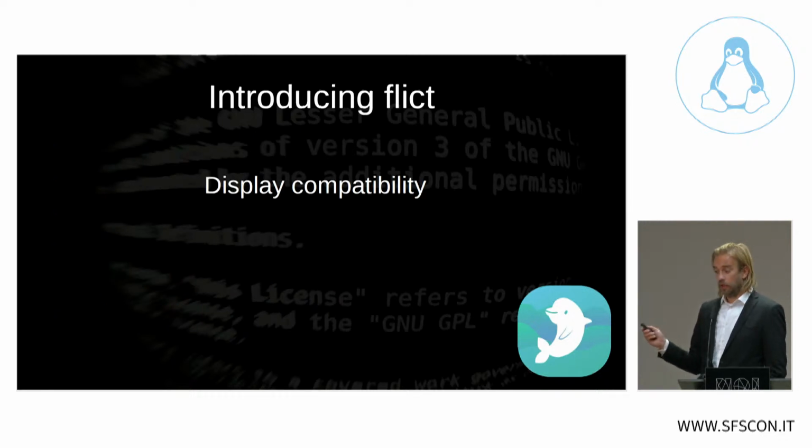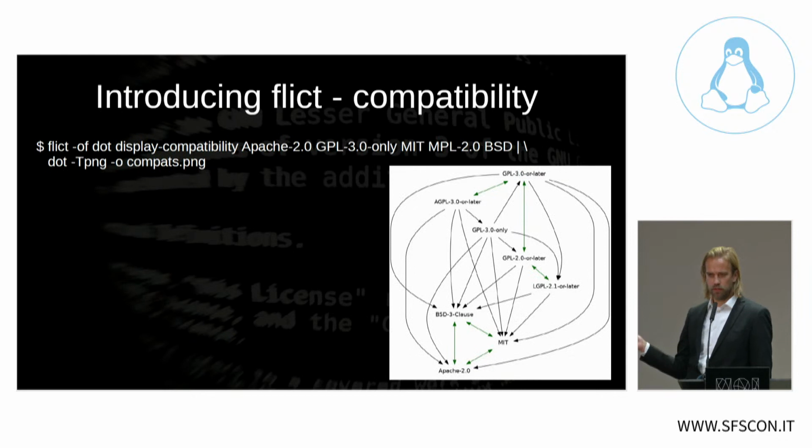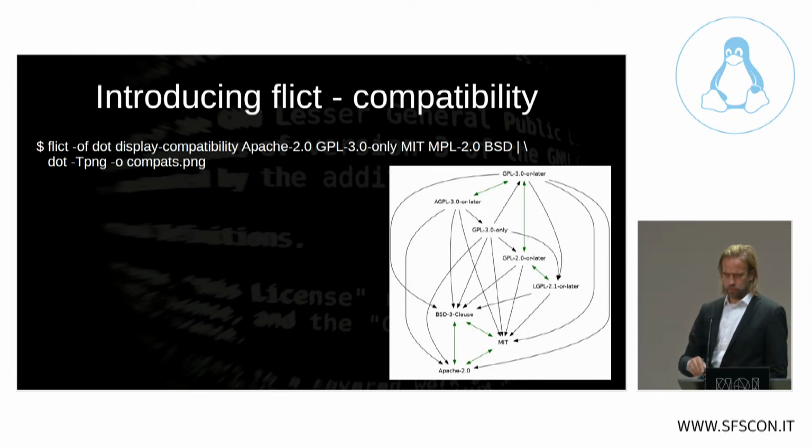A simple use case, a bit annoying to read, but this is what you get if you want to print it out, or I sometimes use text output instead, to see how licenses are compatible. But instead I'm generating a graph like this. If I have a project, I check the dependencies.